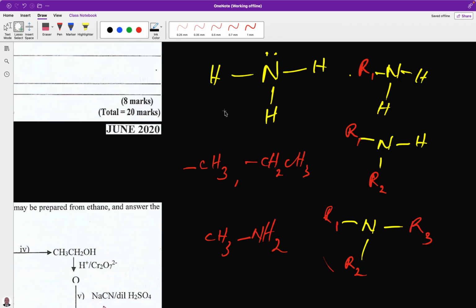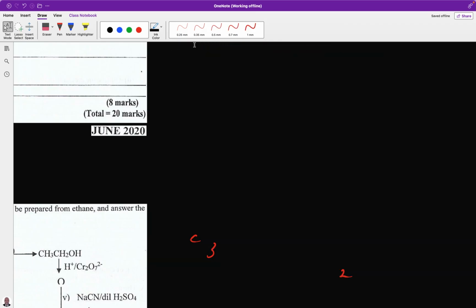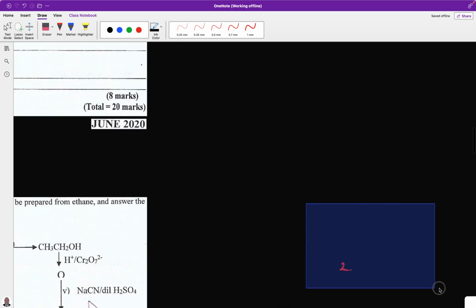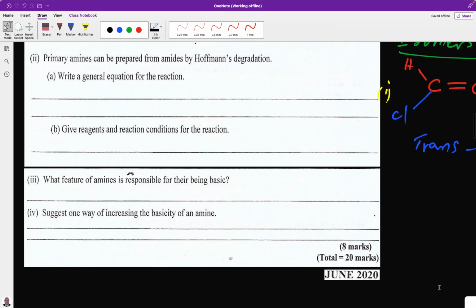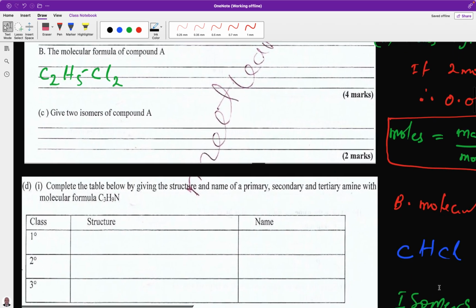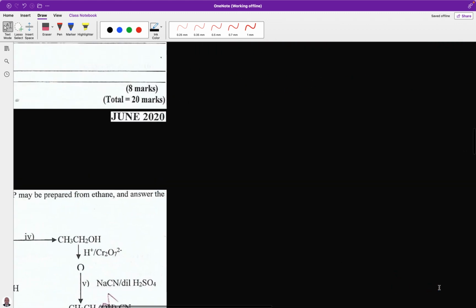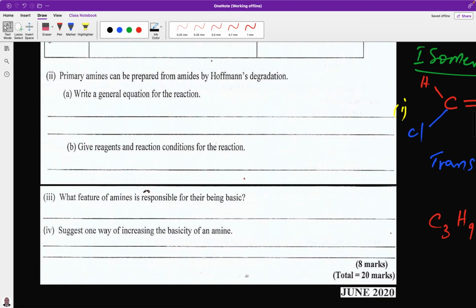Going back to our question, we were given C3H9N, and we are told to do what?